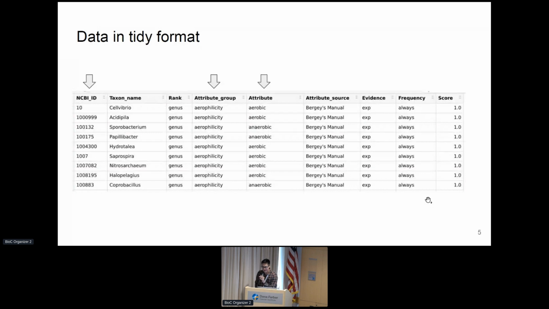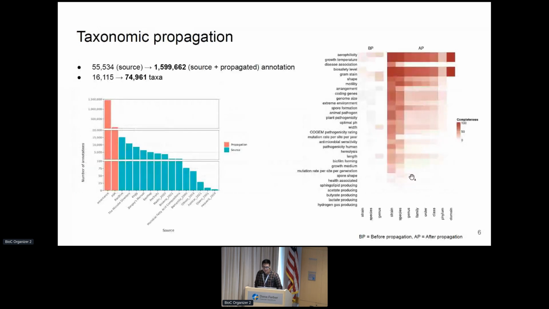So we performed the propagation of our initial set of harmonized terms. We went from 50,000 to over 1 million annotations. We covered from 16,000 to over 74,000 taxa. So we got a lot of annotations through taxonomic propagation.